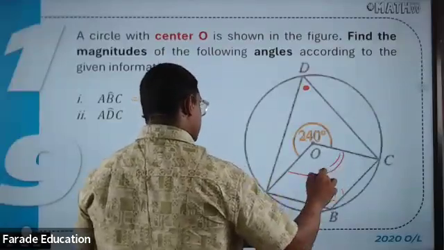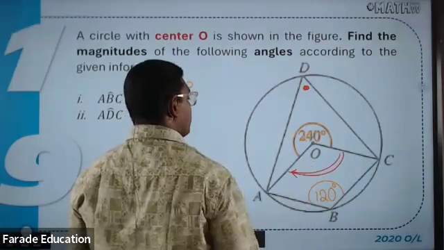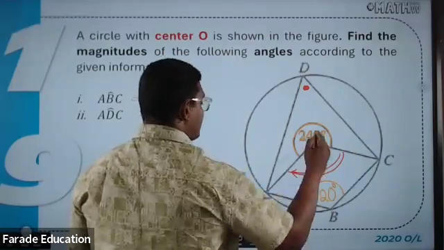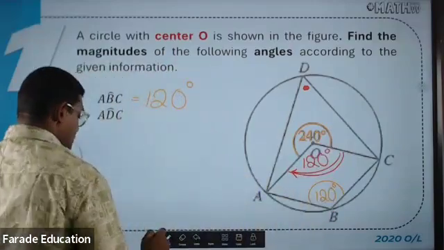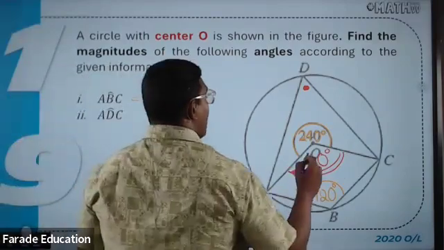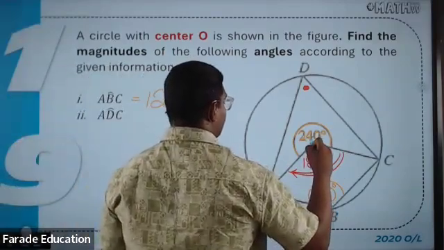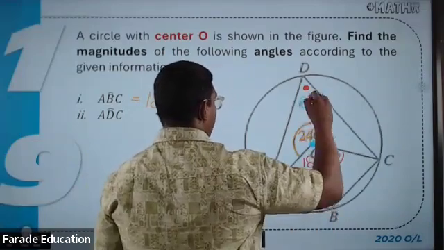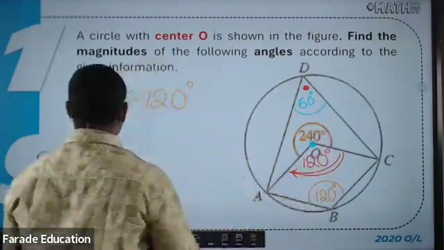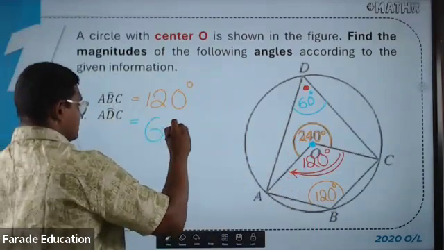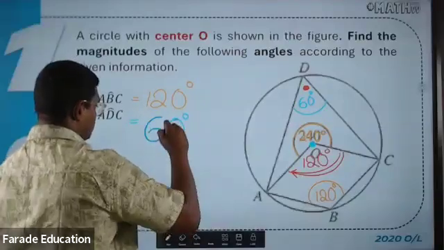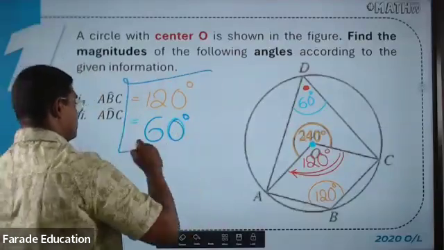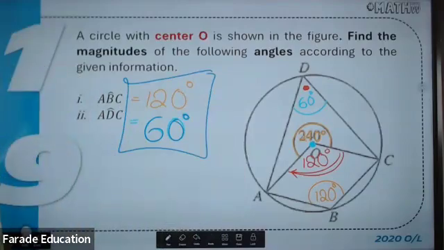I need this angle. If this is 120, the total is 360. Then this is what? 120 degrees. If that is 120, angle subtended at the center is twice the angle subtended at what? The circumference. ADC is 60 degrees. ABC is 120, ADC is 60.